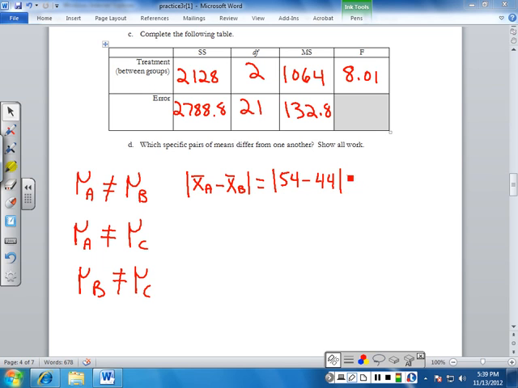And that's equal to 10. And then for A and C, I'm going to have 54 minus 67.